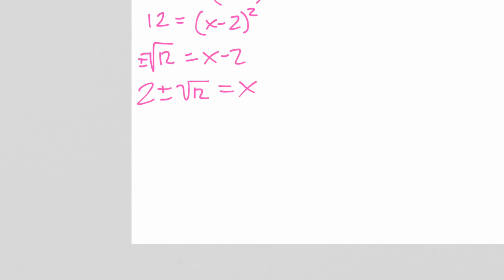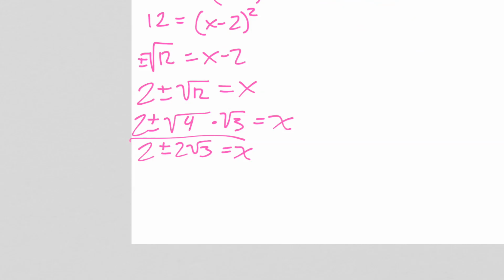But we can simplify this. 2 plus or minus the square root of 12 can be broken up into the square root of 4 times the square root of 3 equals x. And the square root of 4 we know is 2. So 2 plus or minus 2 root 3 equals x would be our simplified radicals. All right, let's get some decimal approximations. 2 plus 2 root 3 is roughly 5.464.